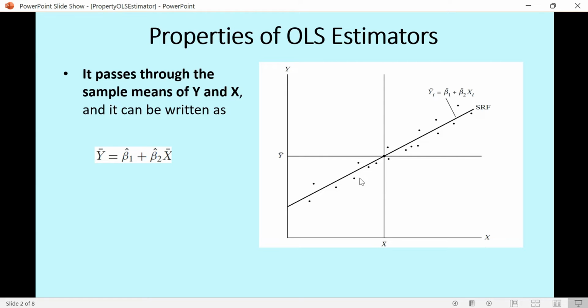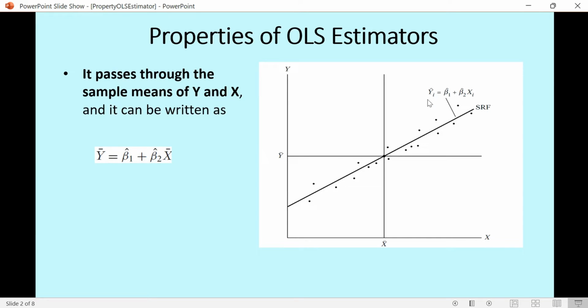So this point is the mean value of x and the mean value of y, and the line crosses at this point. And this is the regression line.